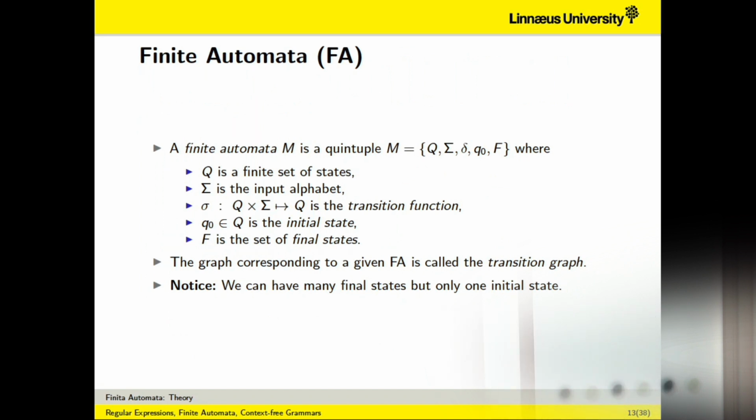So here is some more formal definition of finite automata. Simply, you can see finite automata like a graph, where the nodes represent different states, and we have the edges labeled with the language symbols, A, B, whatever you have.